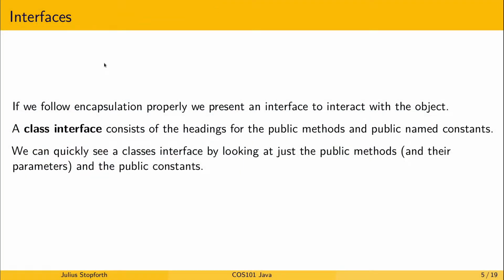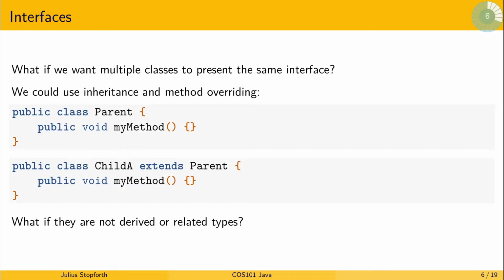All right, so we can quickly look at a class interface by just looking at the public methods and their parameters and the constants and attributes. So if we had something like a parent class, and we want multiple classes to present the same interface, we have a parent class with something like my method, and because of polymorphism, we might store a bunch of child classes.